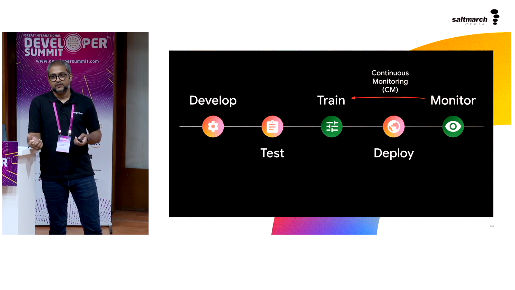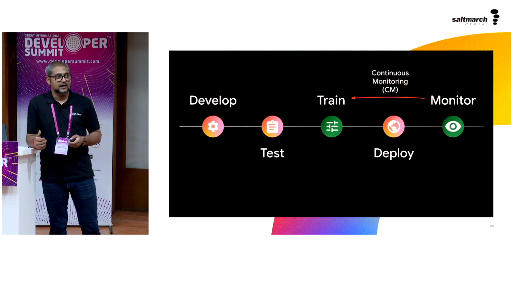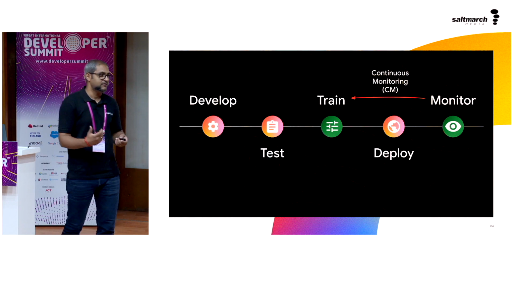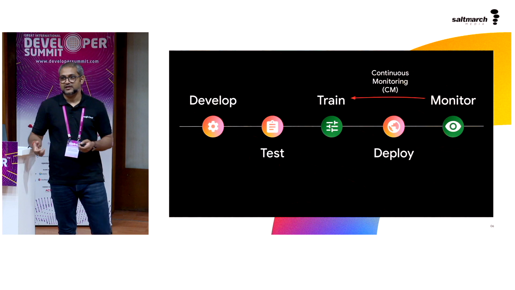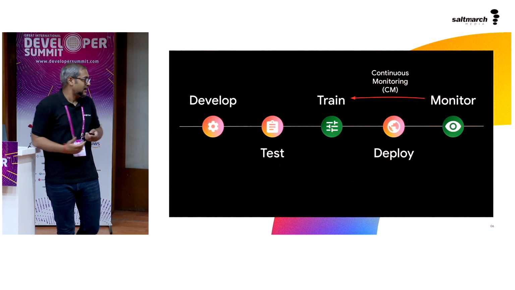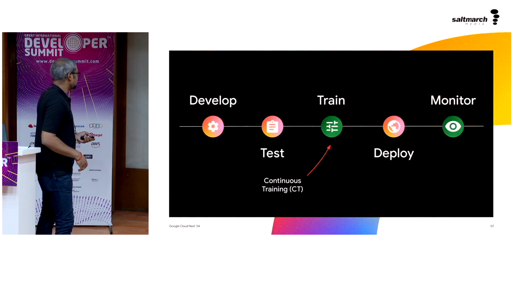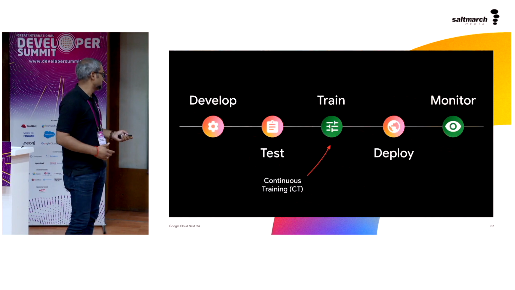You can monitor the performance of your model in production and take a conscious decision whether you want to further train that model or not. It should not be a scheduled task that, okay, every month, every hour, you are training that model repetitively, right? So that can be used as a feedback to train your models. And that's what continuous training helps with.